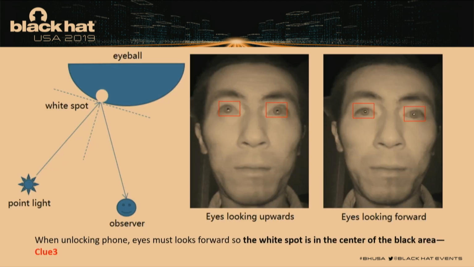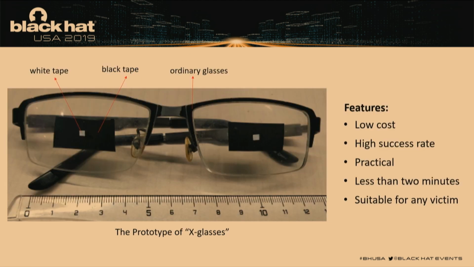And the third clue: when you do attention detection, what is the abstraction of that? It's really simple. It's just a white point in the middle of the black area. So combining all these clues, we developed our device, a simple device we use to bypass all the attention detection.